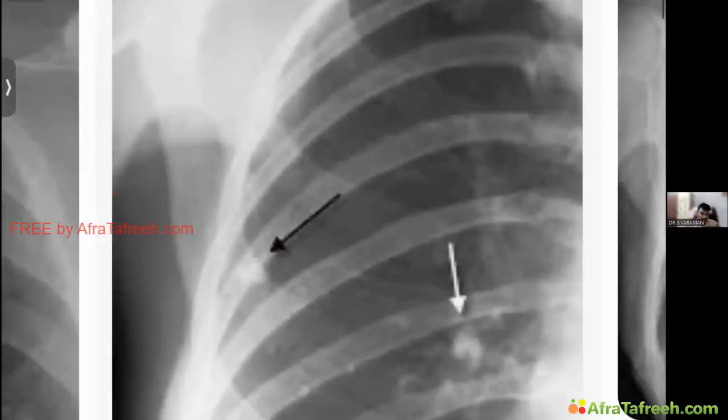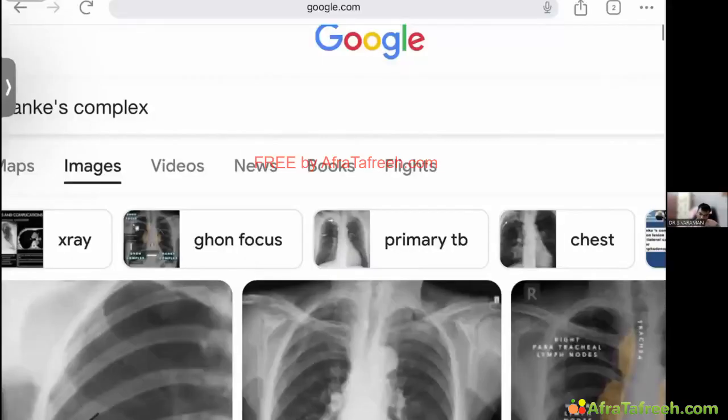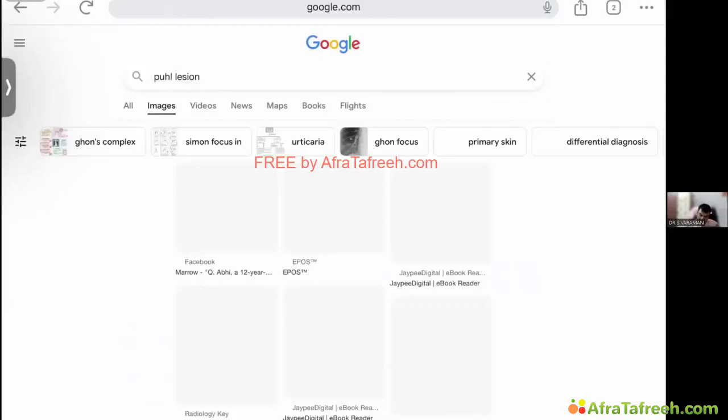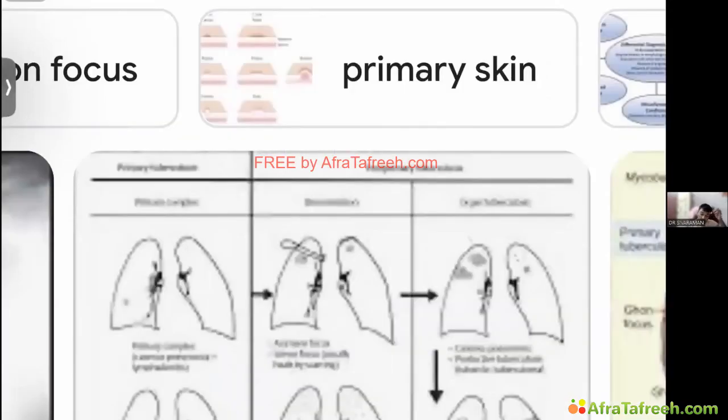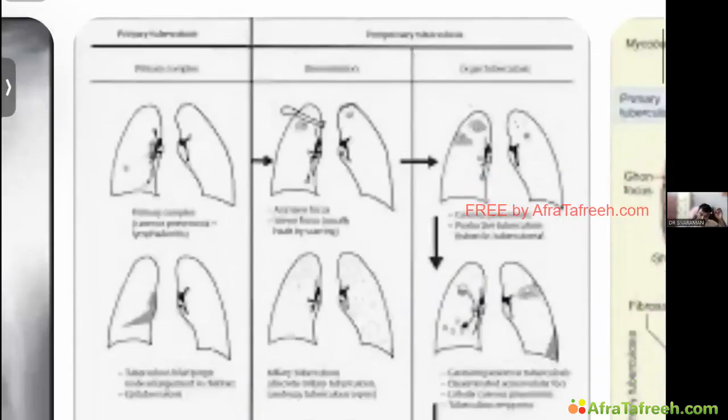Okay, Ranke's complex. Okay, so Pulse lesion. What is this one? This is the Pulse lesion.